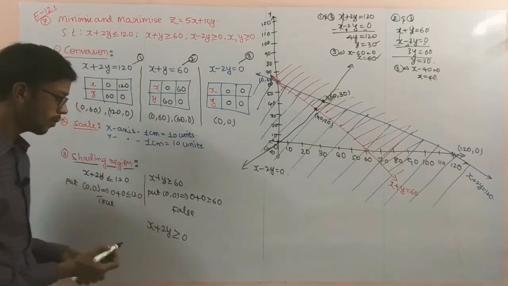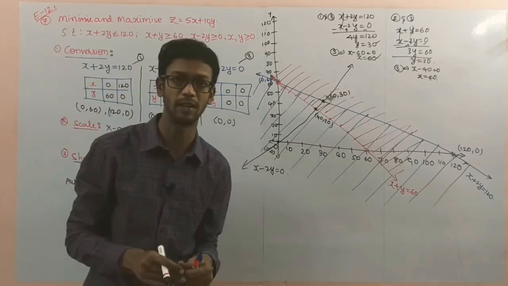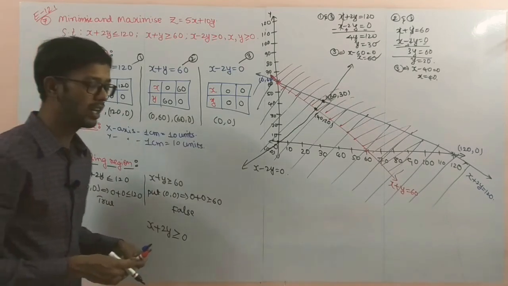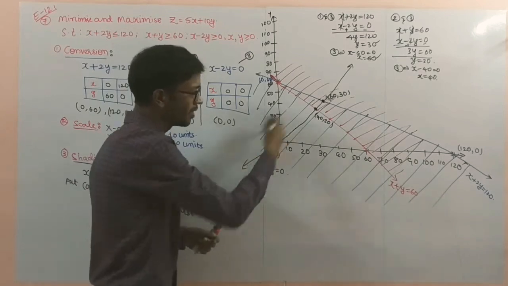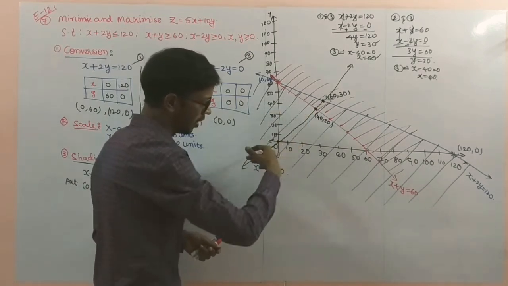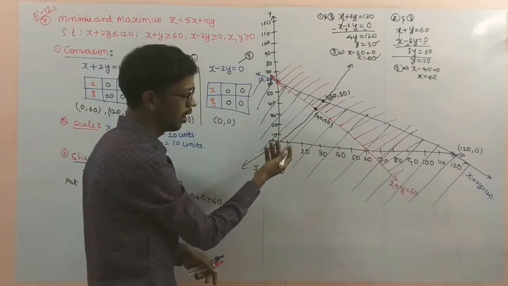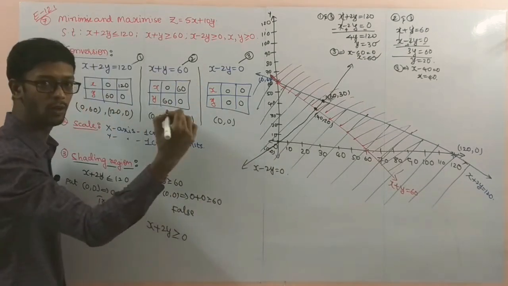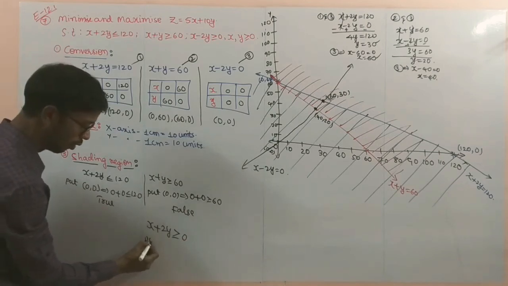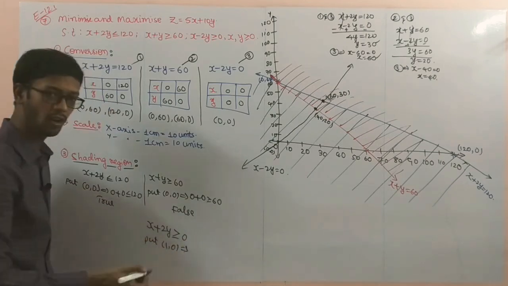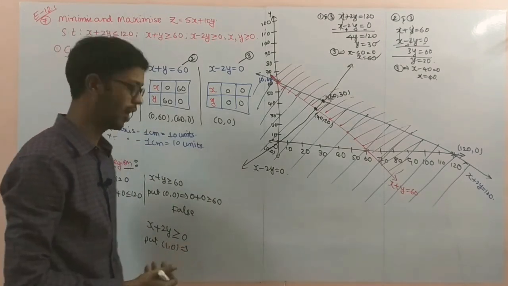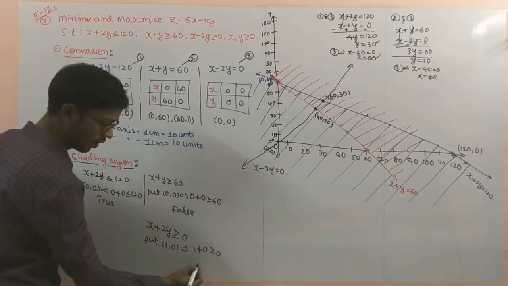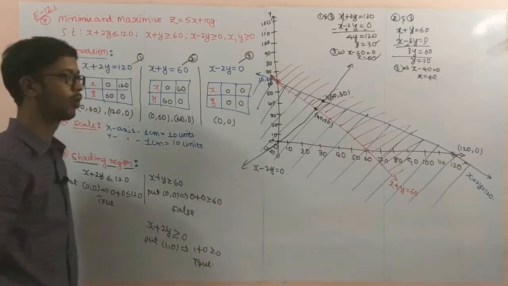So next one. If you substitute 0 comma 0, it is a true condition, so we can't judge the shading by that point. When the right side is 0, put 1 comma 0, other than 0 comma 0; any point we can substitute here. 1 comma 0: 1 plus 0 is greater than or equal to 0. 1 is greater than 0, a true condition.